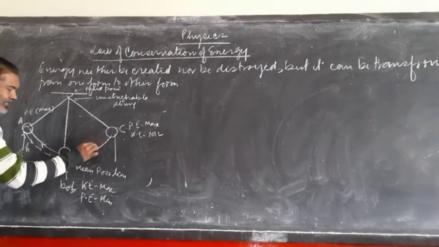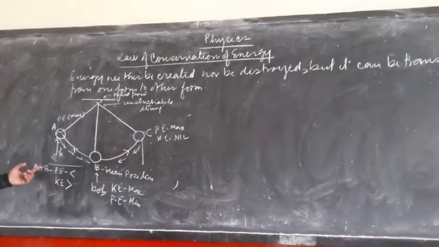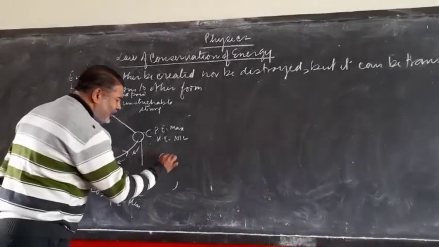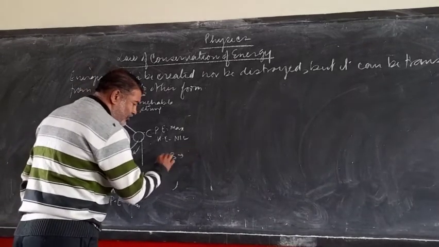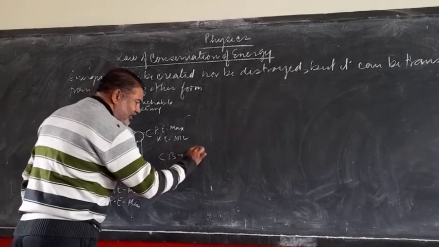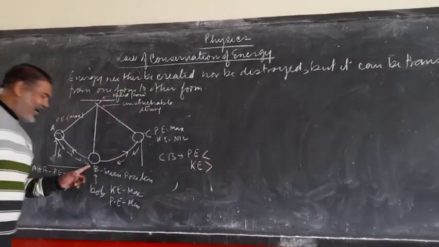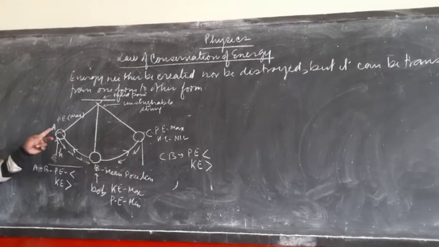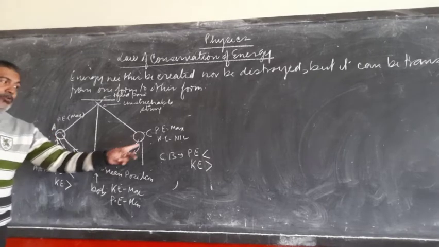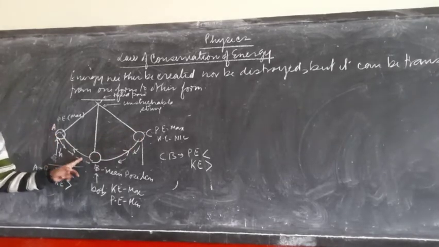After that it starts moving from C to B. From C to B, potential energy decreases and kinetic energy increases. Again at B it will attain the maximum kinetic energy. So this way the simple pendulum moves from A to C and from C to A through B.